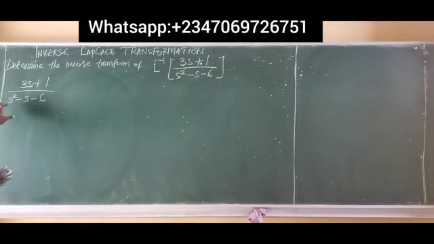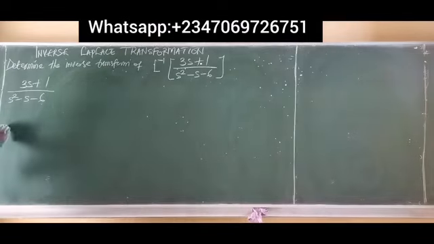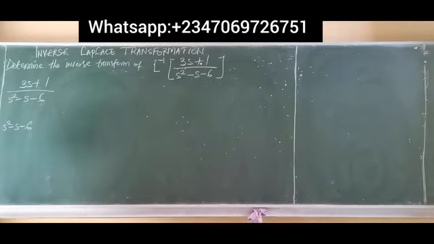So the first thing is to look at the denominator and see if we can break this denominator into factors. The denominator is s² − s − 6. So we look for two numbers such that when we multiply them, we get −6, and when we add them, we get −1, as the case may be.